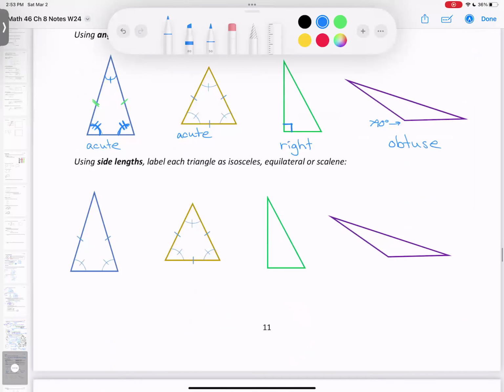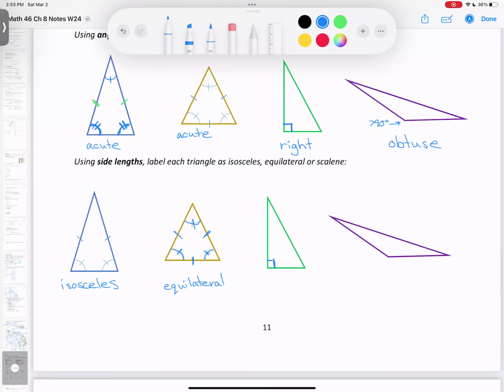So if we're using these same triangles, but now classifying them according to side length, this first one we would call isosceles. Extra points if you can spell that one, it's a hard one. Next one here, so again, remember these notations mean that all three of these angles are equal and all three of these side lengths are equal. So this is an equilateral. Okay, this third one, in terms of angles, it's a right triangle.